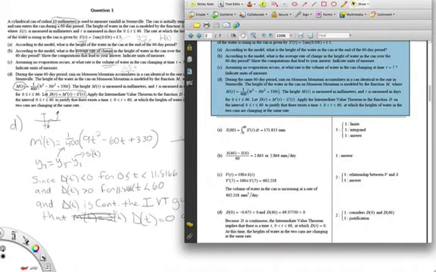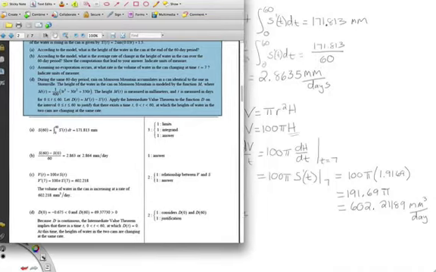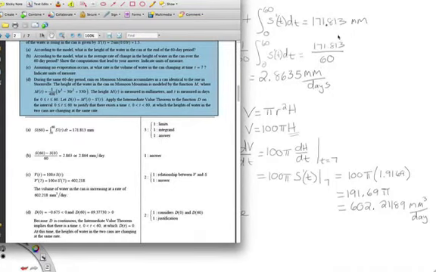Part A, 171.813. Alright, so we got 3 points. One for the limits, so they're saying 0 to 60, one for the integrand, and then one for the answer. Part B, 2.863 millimeters per day. Alright. Part C, 602.218.